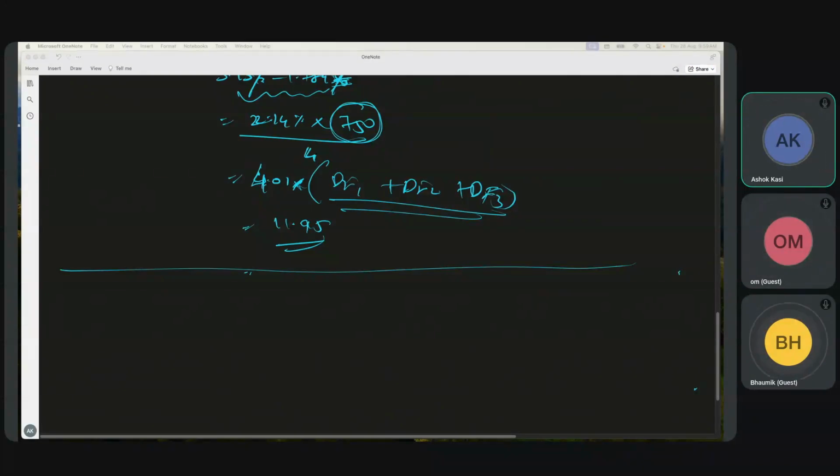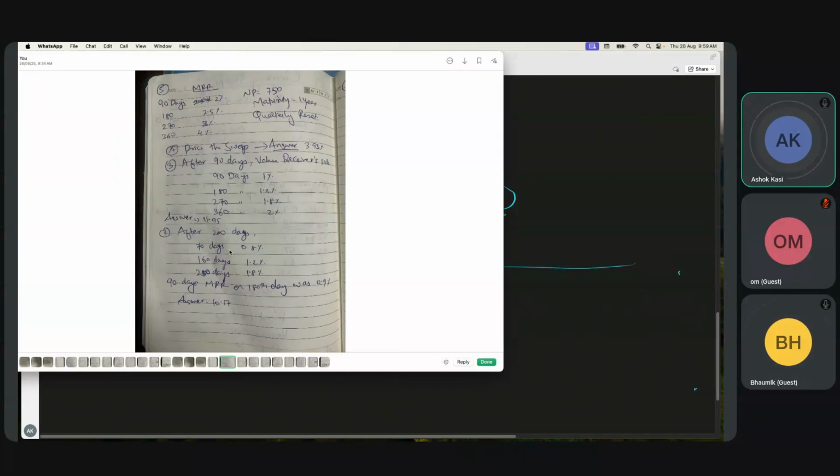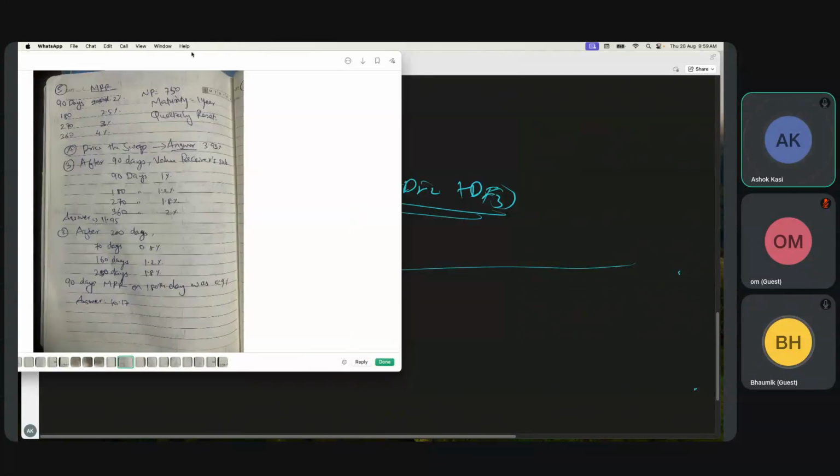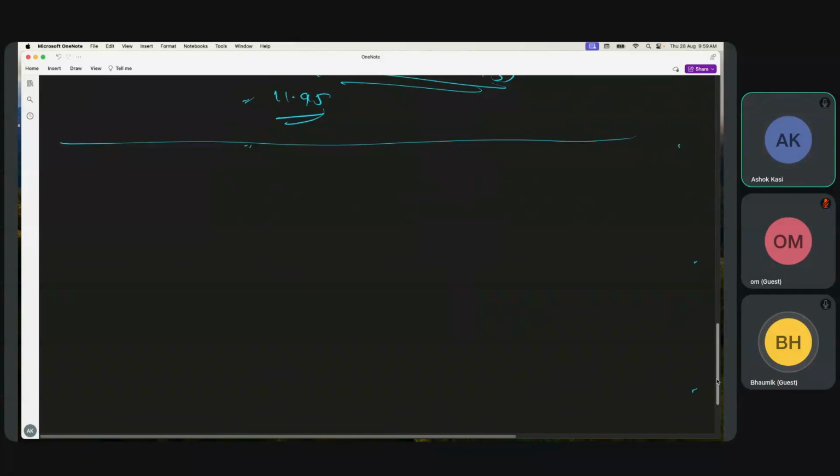Okay, fine. So now the second part of that question, part 3: after 200 days. Can you see that? After 200 days, this part now. 70 days, 160 days, 250 days. So here, after 200 days, I'll write the timeline again.